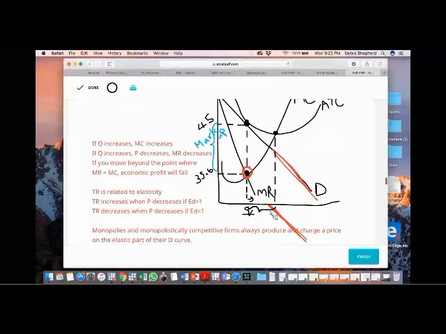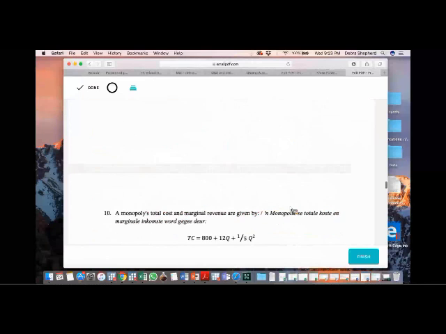So the difference between what they produce and what they could produce if they were efficient, that is excess capacity. So excess capacity is the output that could be produced in order to bring the firm to minimum cost of production.